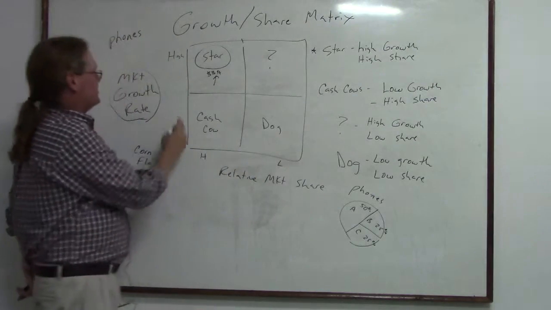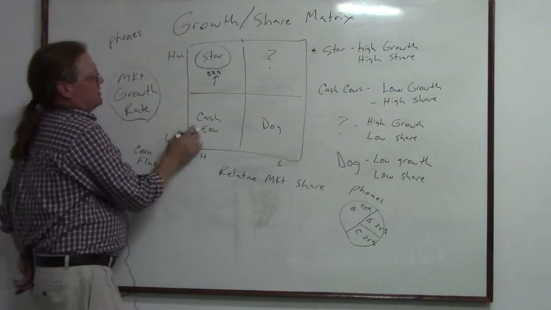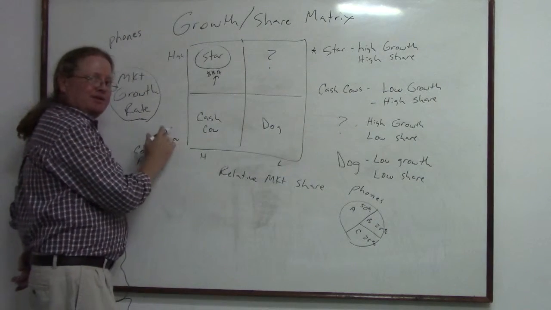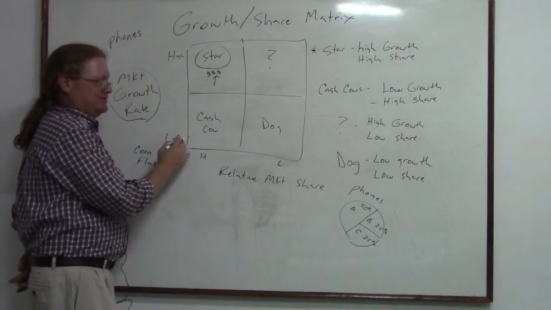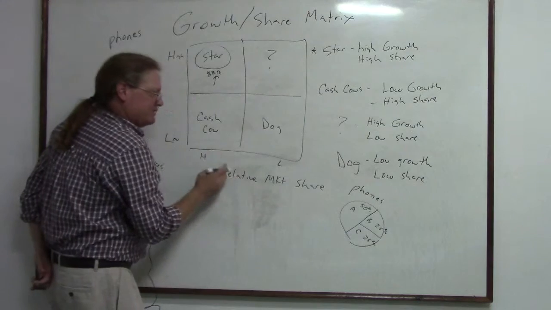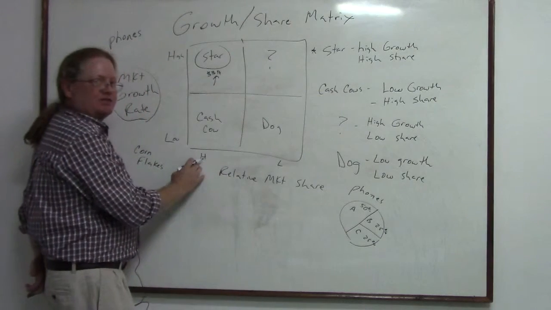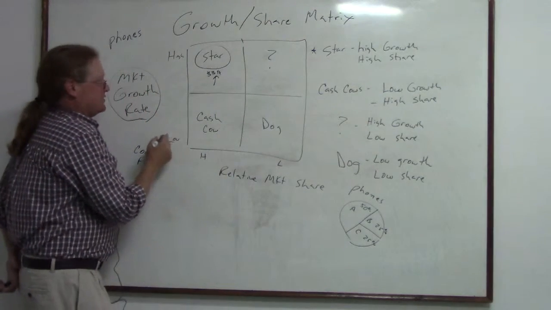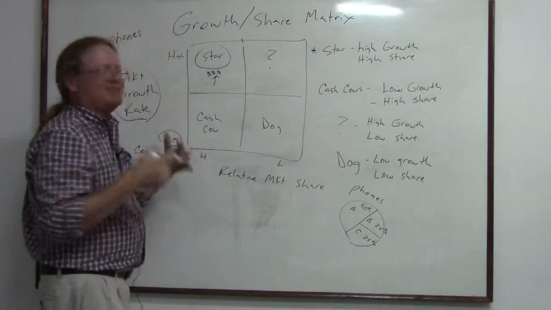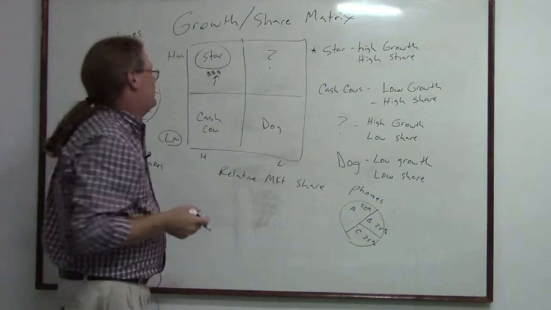Now we have the cash cow. As you can see on the chart, this is a company or product in a low growth rate, cornflakes, and it has a relatively high market share. So there's not a whole lot of opportunity. I mean, it's still going, but it's not vibrant like it used to be.